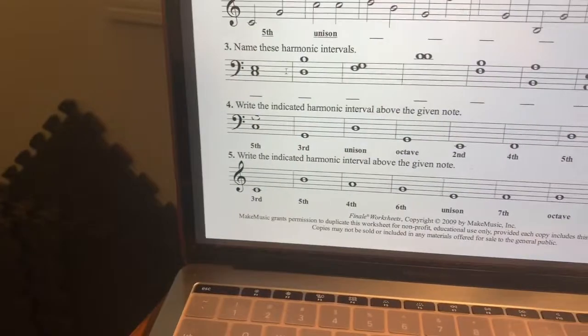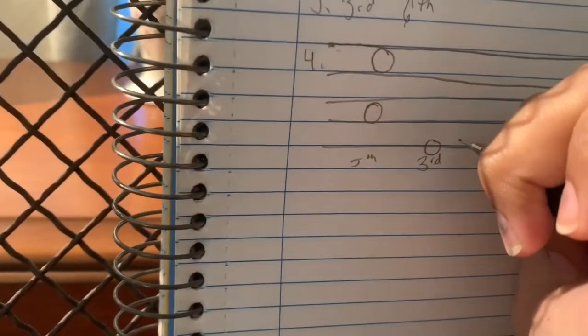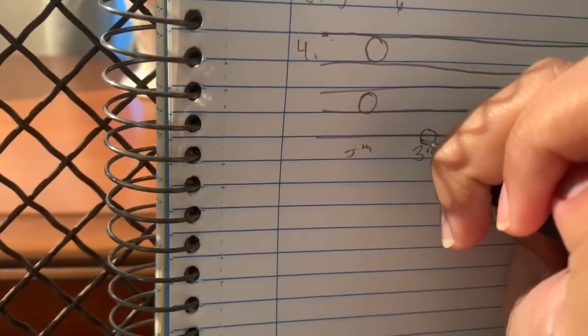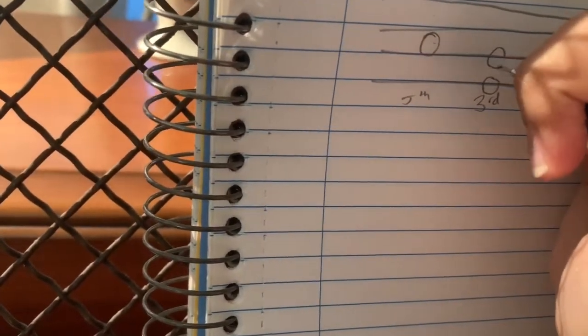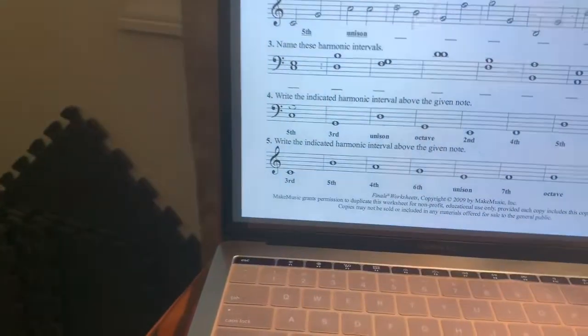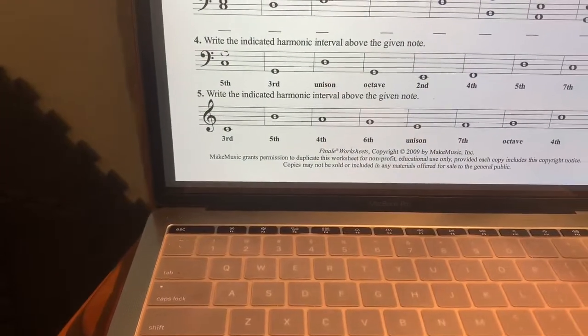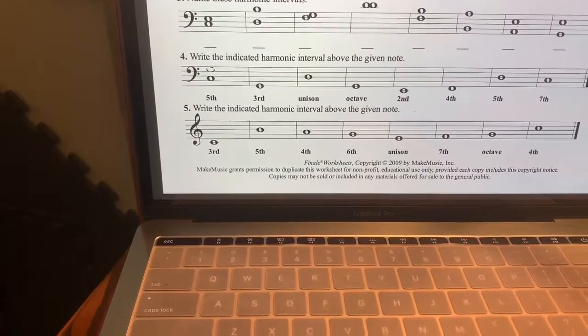My next one's asking for a third, and it starts at the bottom line. So here we go. 1 line, 2 space, 3 line. I put my note right around the line. So that one would be a third. Now for number 5, it says write the indicated harmonic interval above the given note.